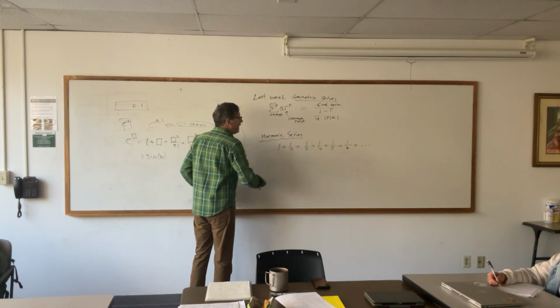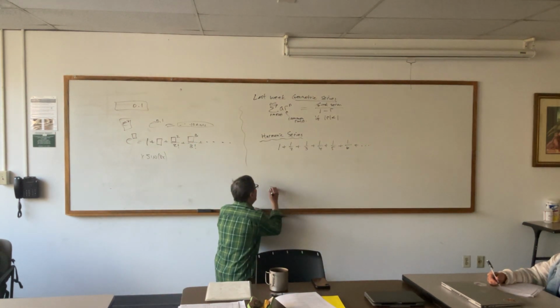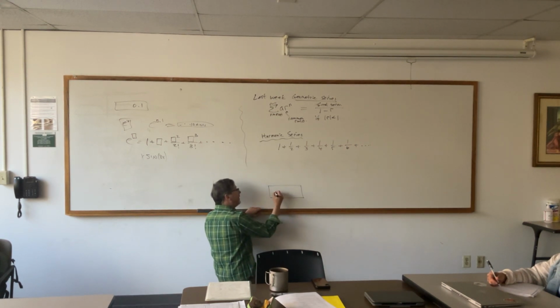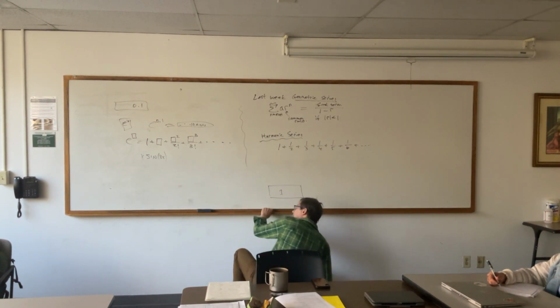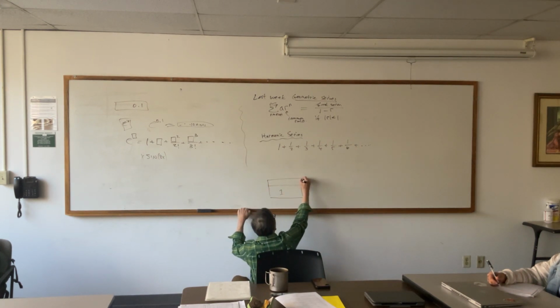If I keep adding these up, it seems like the pile is getting bigger but slowing down. So let's just say this is 1 unit high. And then I take another block and put that up here, and that block is half a unit high. Then I've got a block that's a third of a unit high, and I put it here.